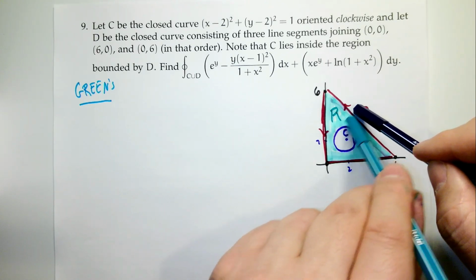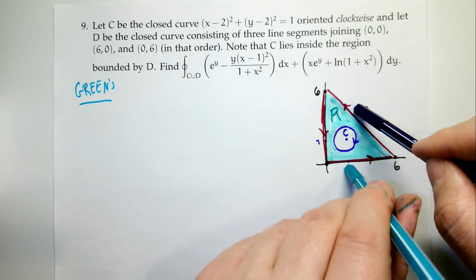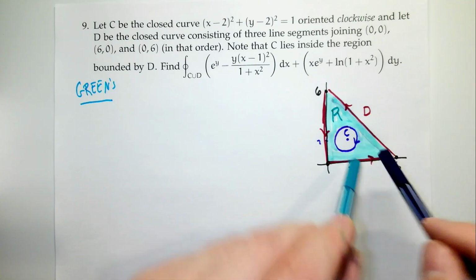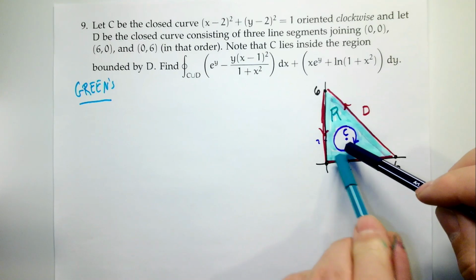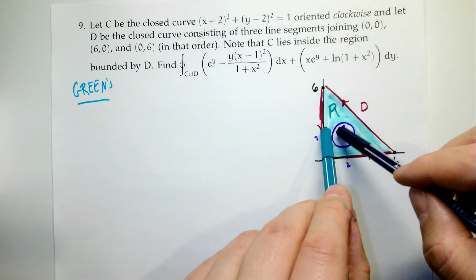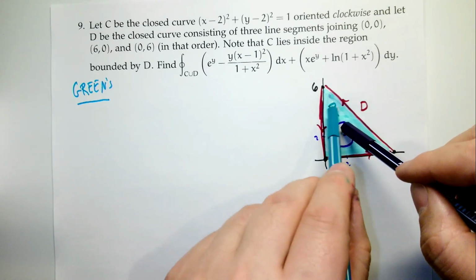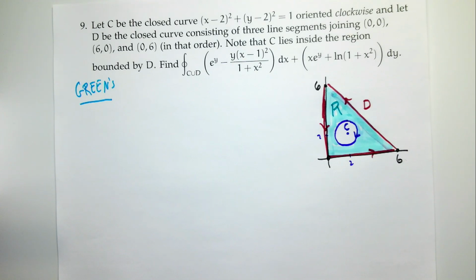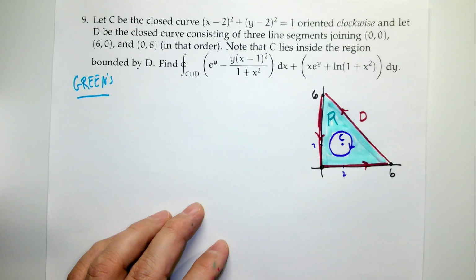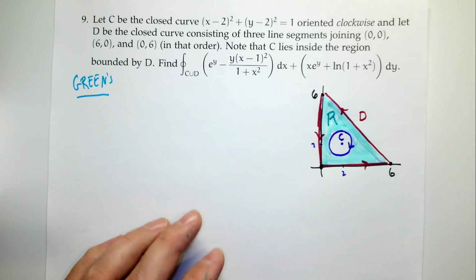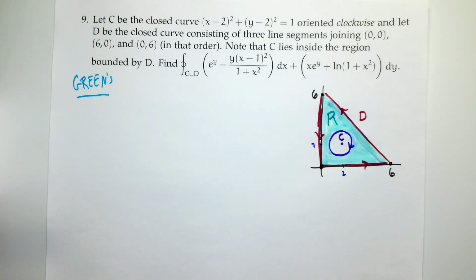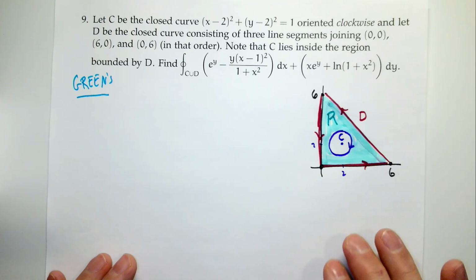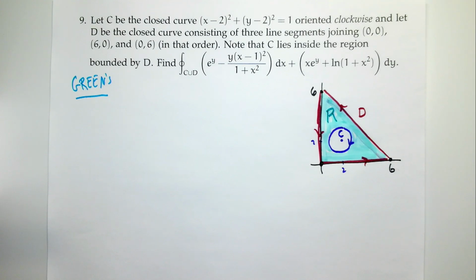It's to your left-hand side. Good. That's the right orientation. Now how about on the inside? Well, on the inside, as we follow the curve, we would go along here. And again, the region is on my left-hand side, so that's the right orientation. So there's the song that you remember: to the left, to the left. When you walk the curve, keep the region to your left. Good. So we have the right orientation.